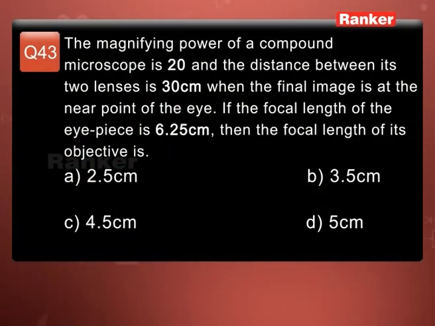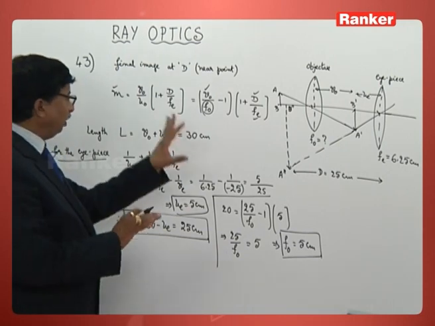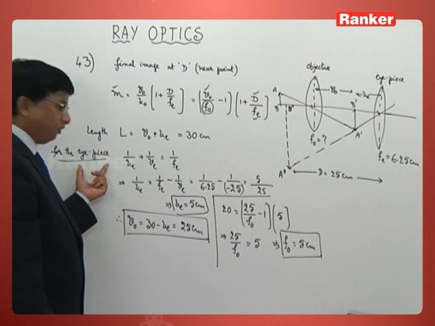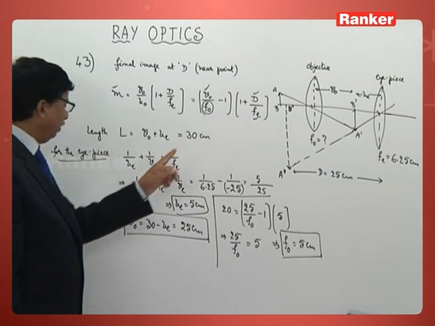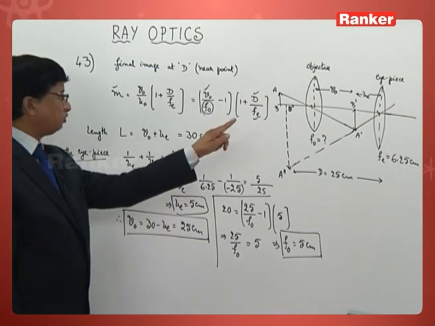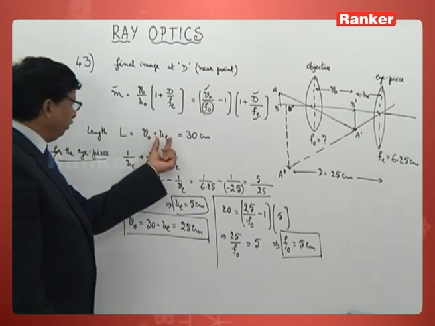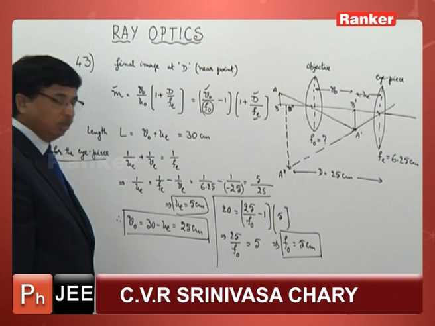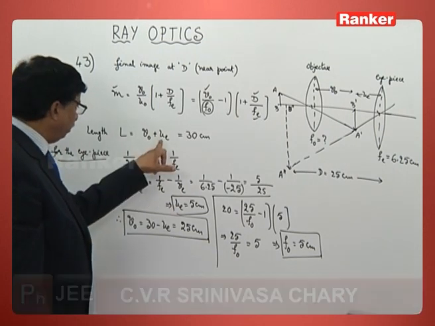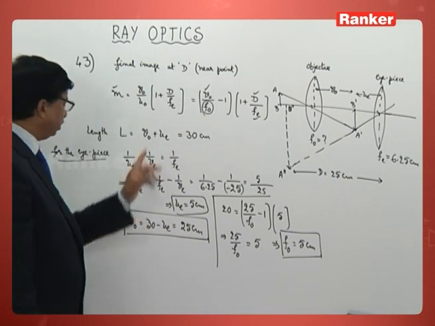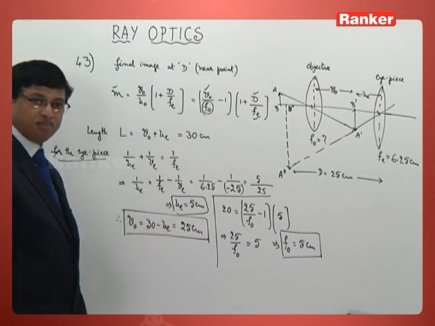So the value of the focal length of the objective is the question. What I have done in this particular case, you can understand: considering the eyepiece, I calculated the object distance from the eyepiece. And I know VO plus UE is 30. Therefore, substituting that value, I calculated the image distance from the objective as 25 centimeter.